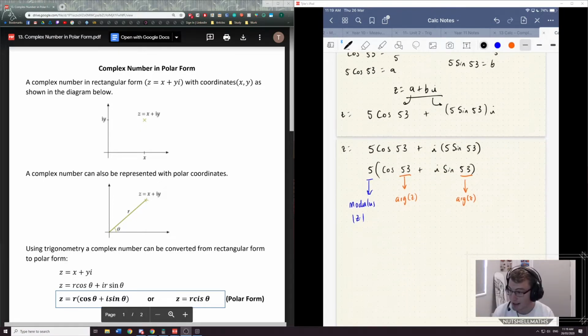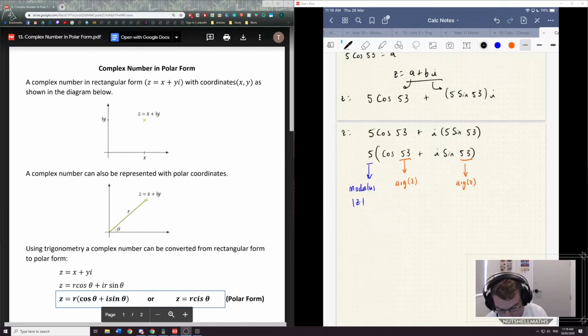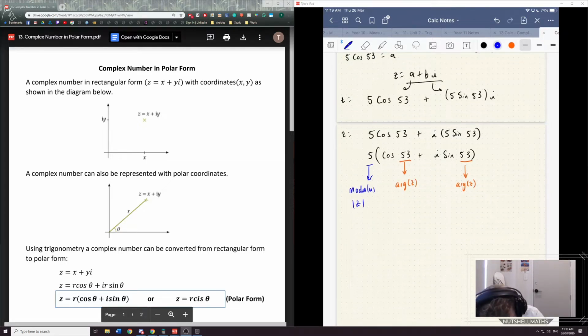Now, mathematicians are lazy, and we don't want to have to write cos the angle plus I sine the angle every time we did this calculation. So we've come up with a way to make our life a little bit easier. Now, if I just generalize this for a second, R times cos theta plus I sine theta. I'm going to change these thetas to orange. So this is what we call it generally.